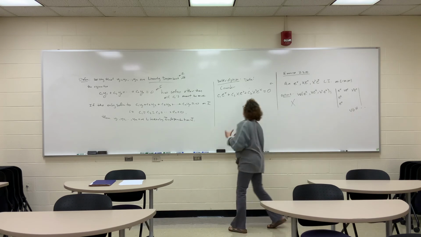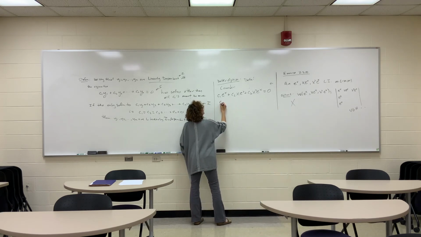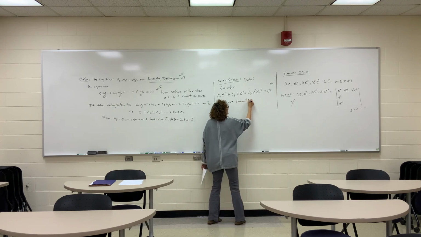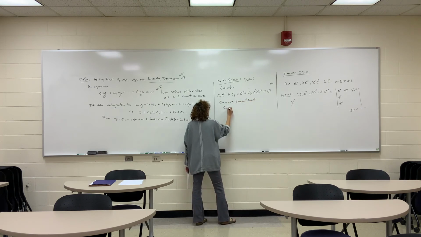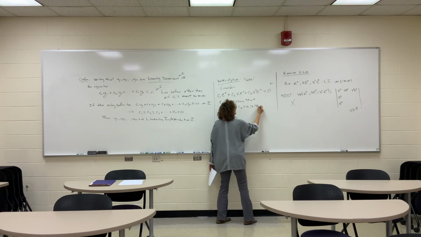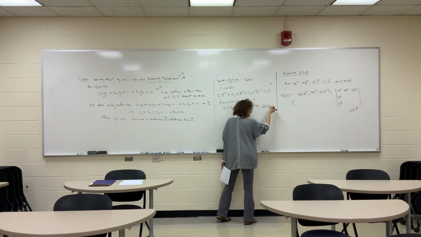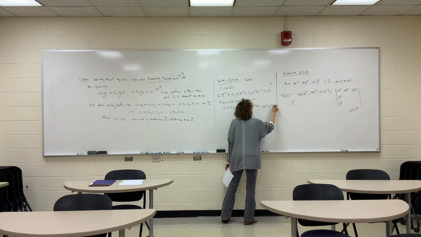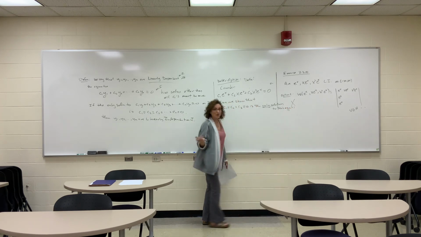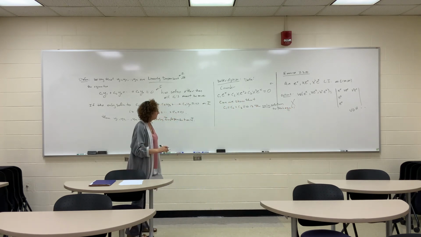And we try to see if we can show that c1 equals c2 equals c3 equals 0 is the only unique solution to this equation. That's the question. If so, they're linearly independent, right?